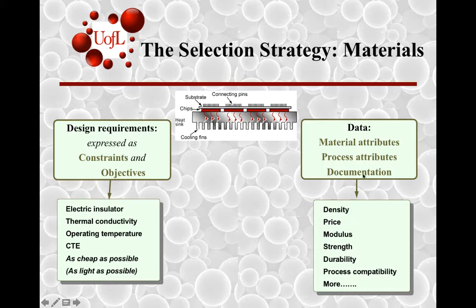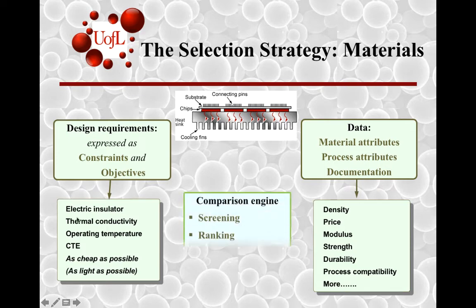And then a report overall, right, that documents what the recommendations are. In terms of material attributes, you'll have to look at a number of different properties, including general properties such as density and price, the modular strength, durability, so mechanical properties, and a lot more, in addition to the thermal properties that we looked at and the electrical properties.